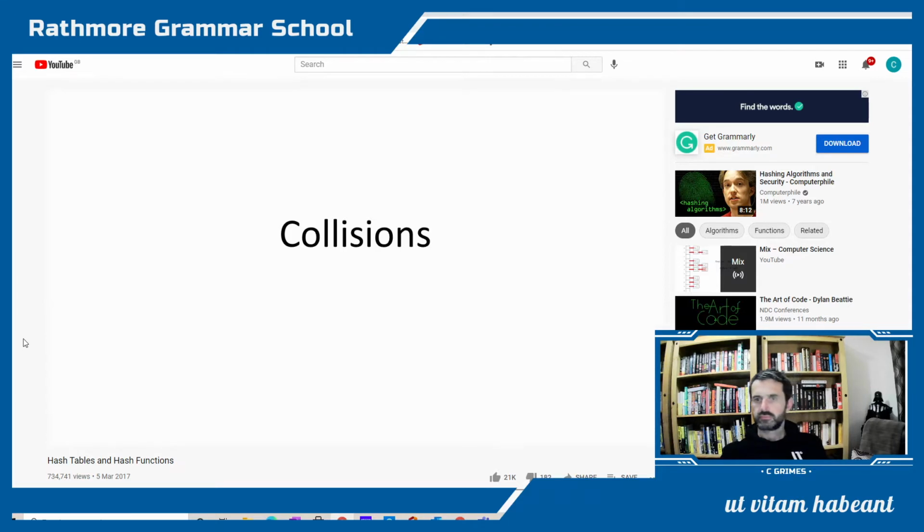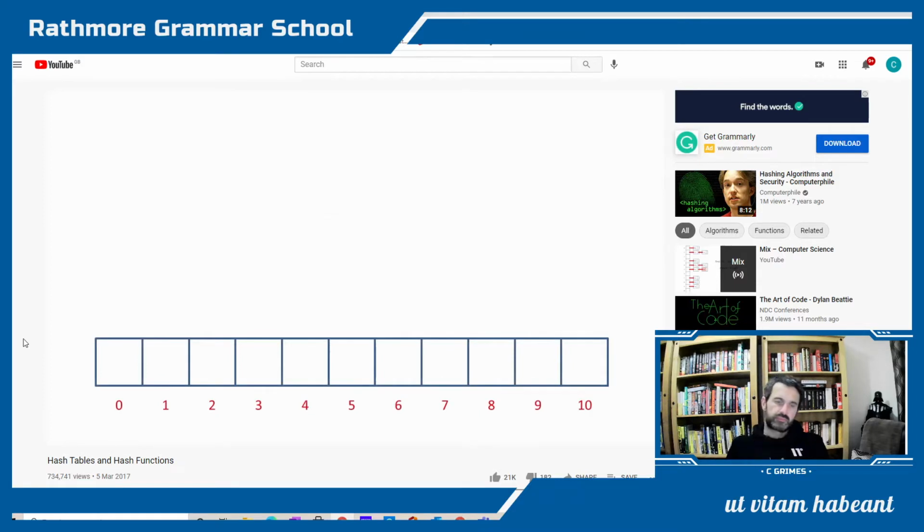It generates the same index number for both, but both items can't go in the same place. This is known as a collision. Let's load up the array again, but this time with a different set of data. Mia goes in at position 4. Tim goes in at position 1, just as before.